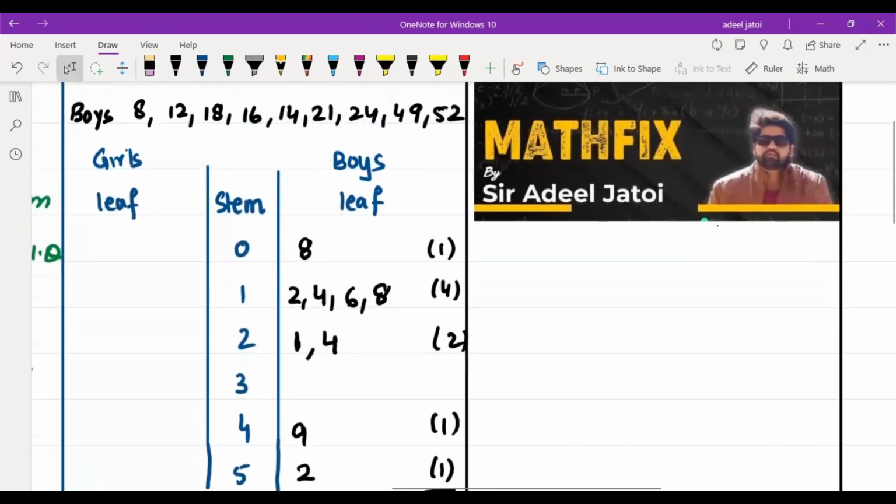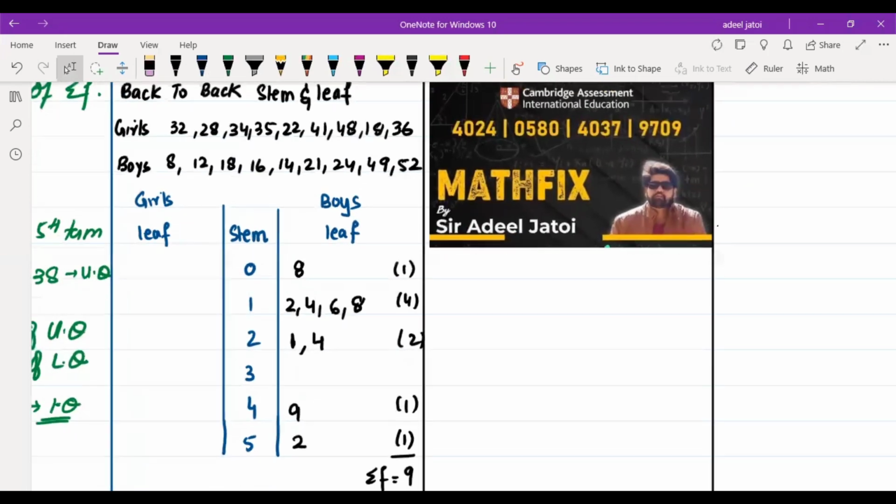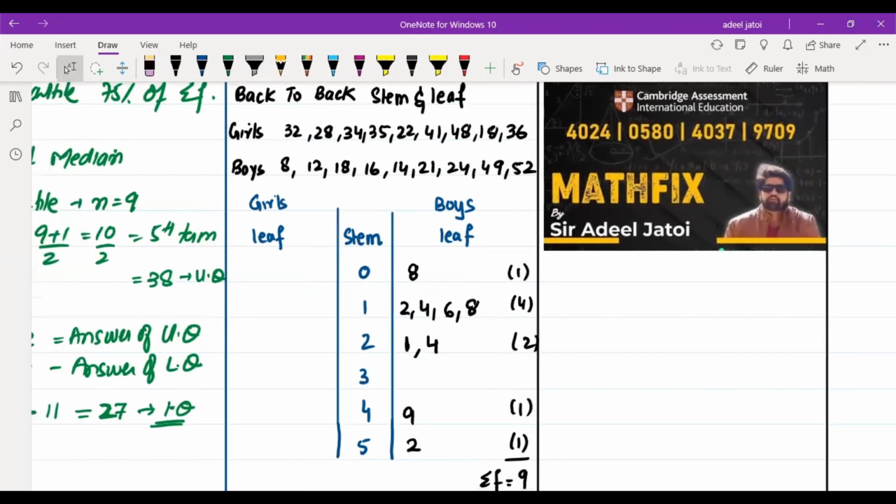Similarly, for the girls, your minimum value is 18. So 1 and 8. For 20, we have 22 and we have 28.